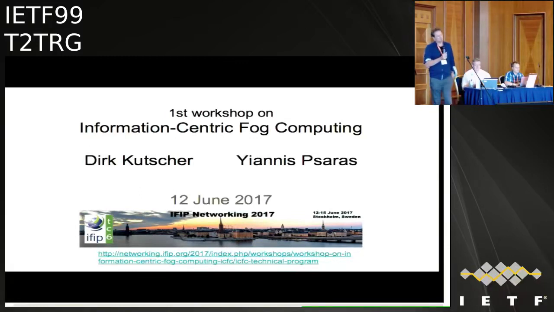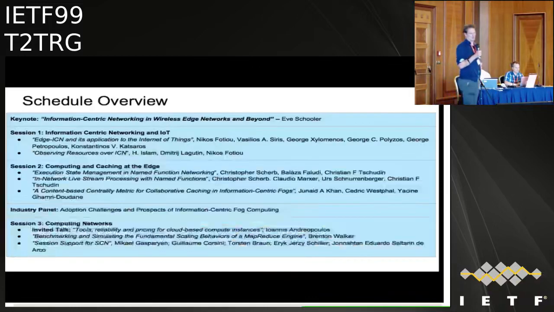Yves did a really interesting keynote on that topic, specifically for ICN in the wireless edge. The first block of presentations dealt with enhancing or augmenting CoAP with ICN concepts or ICN underlays, a bit of an initial deployment idea.